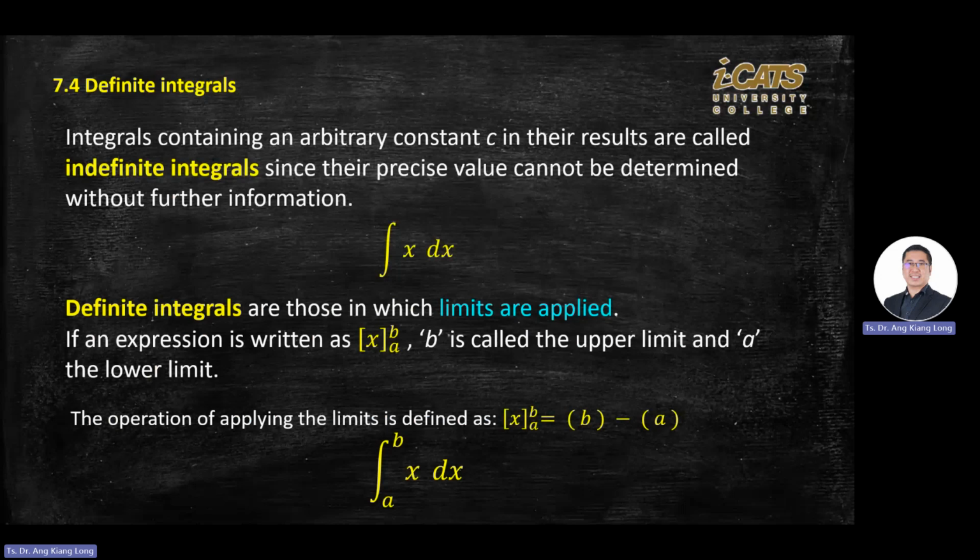We always take the upper limit minus the lower limit. So in this case, you see the box with x, B, A. It means that you substitute the value of B into the x function, then you minus the x value with the A. I'll show you one example.